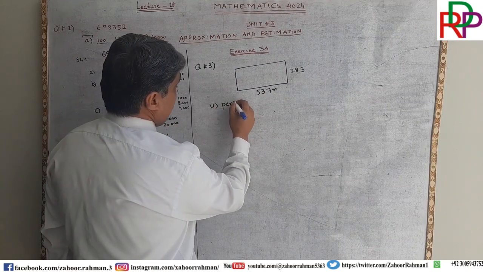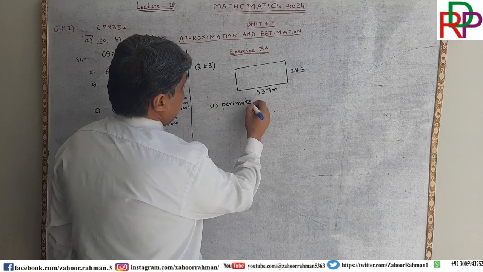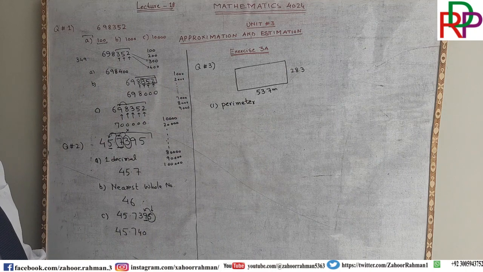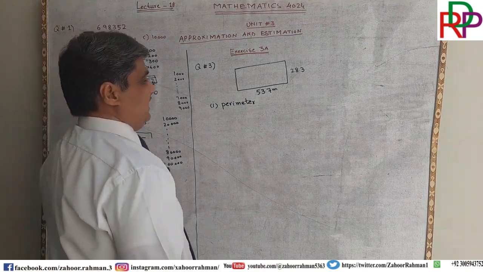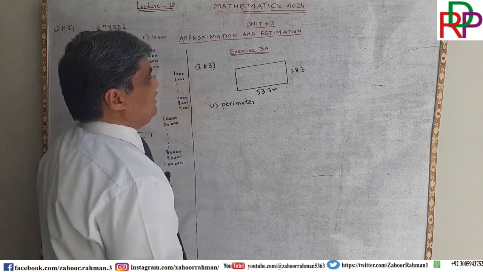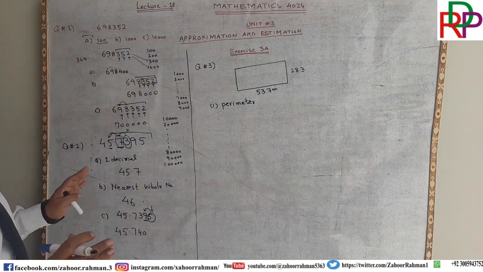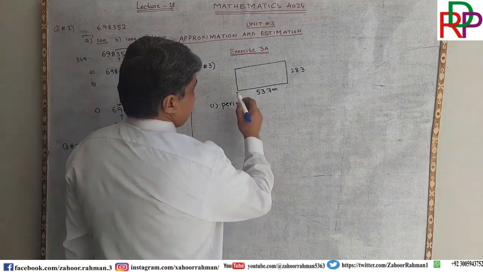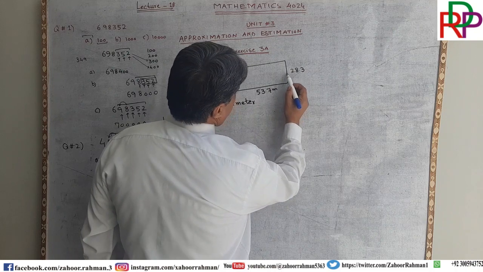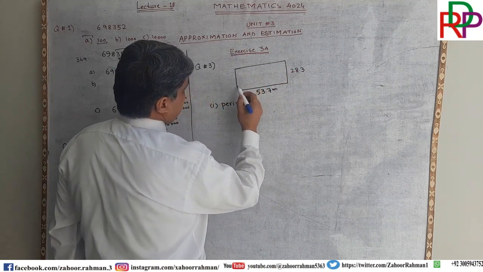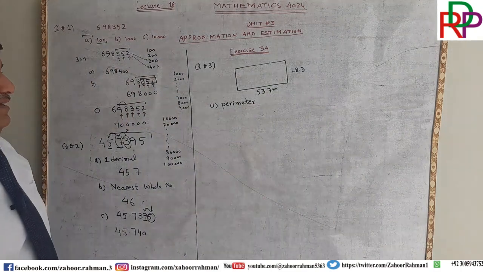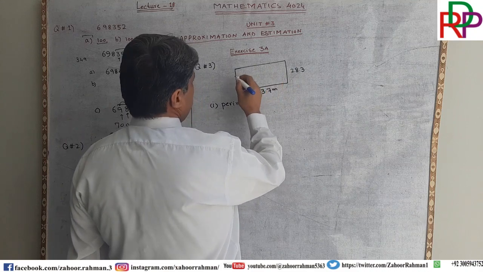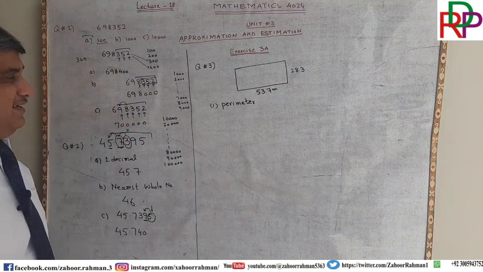We have to find the perimeter, and in the second part the area. What is the difference between perimeter and area? There is a very big chapter on this concept, but for the time being, the external line width is called perimeter. The internal measurement is called area.